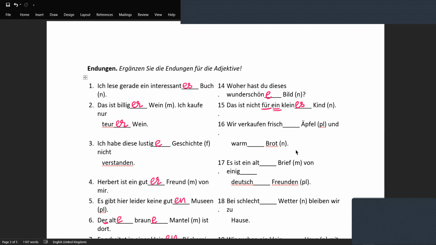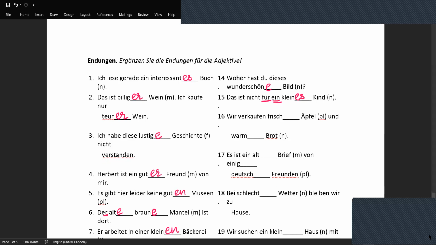I'm getting confused. The gender of the noun should be reflected in the article. Only then would we use the en table. Otherwise, we'll use the other table, table 2.